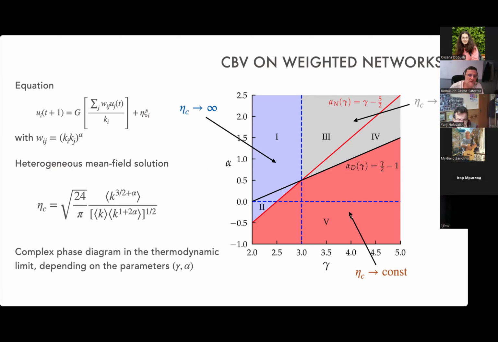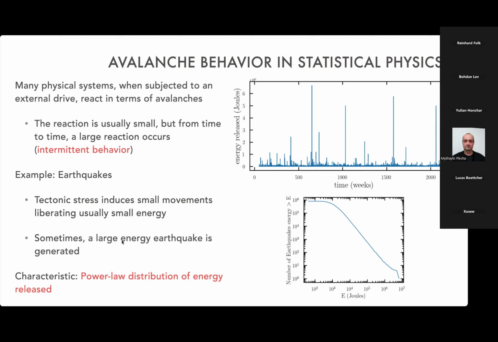This is the typical behavior of earthquakes. Tectonic movement induces a stress in the crust of the Earth, and that generates movements that liberate energy. Usually they generate very small movements that liberate a small amount of energy, but sometimes there is a movement that generates a huge amount of energy, and this is an earthquake of a very, very large magnitude.